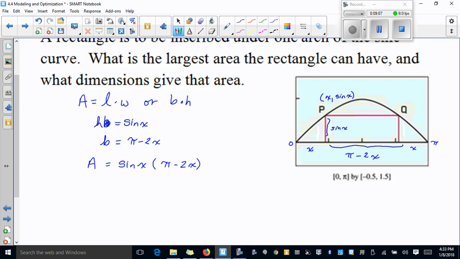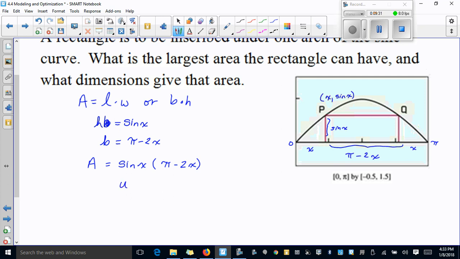Now, from this point, they're asking for the largest area, so they're asking us to maximize this. On this particular one, it doesn't matter which way you approach this, you're going to have to use the product rule. If you distribute sine of x, you'll still have to use a product rule because you have 2x times sine of x. So I'm just going to go with the product rule here.